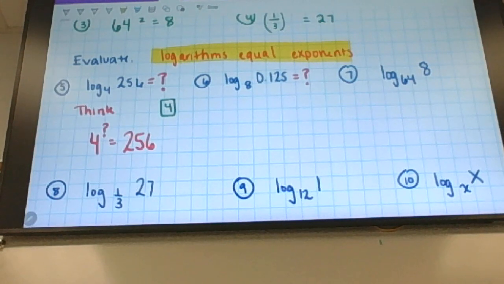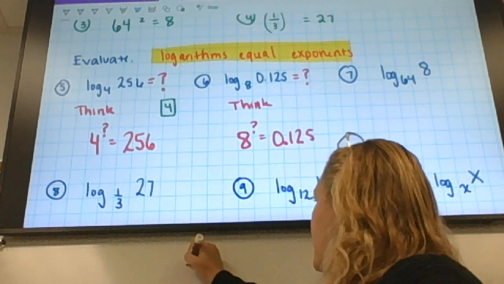Log base 8 of 0.125. So this time I'm thinking 8 to what power is 0.125? I don't know a whole lot about 0.125. But I told you guys yesterday, with decimals, I really prefer fractions here.